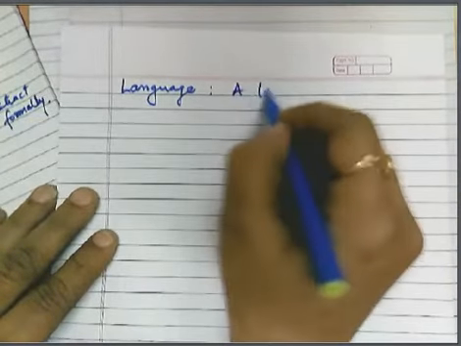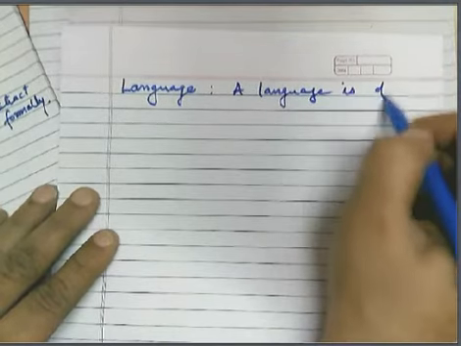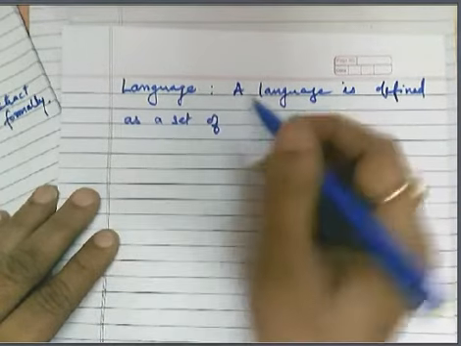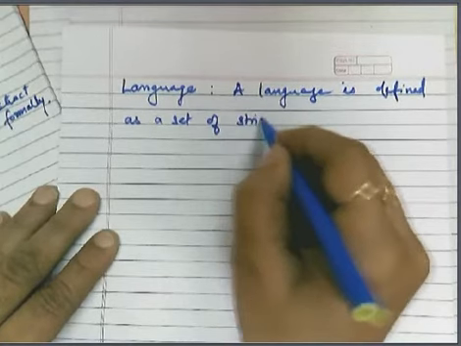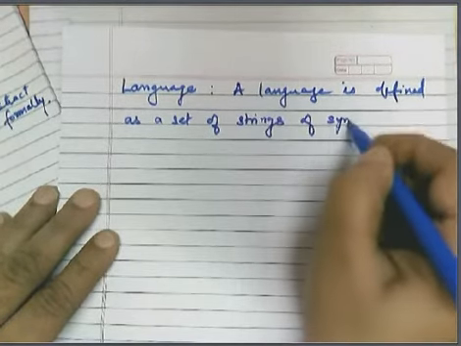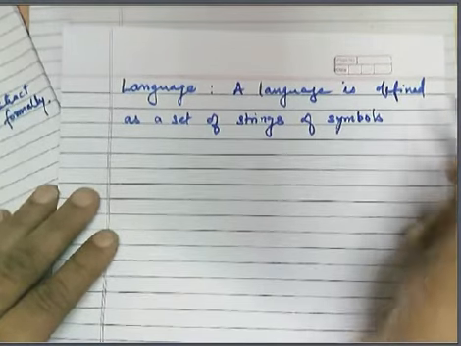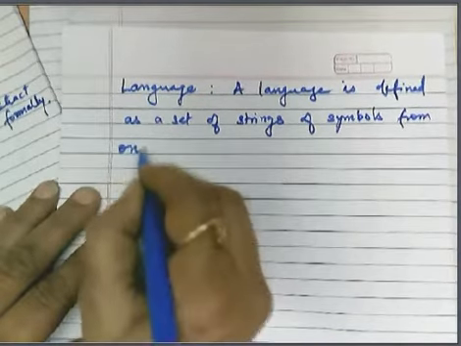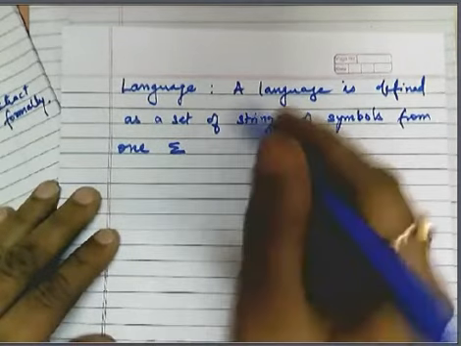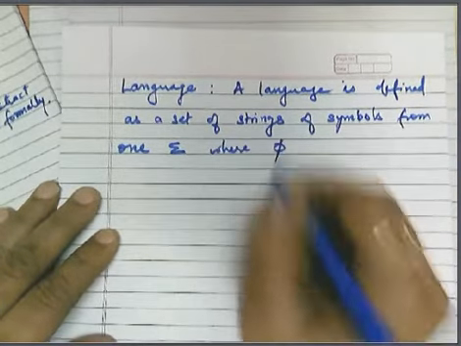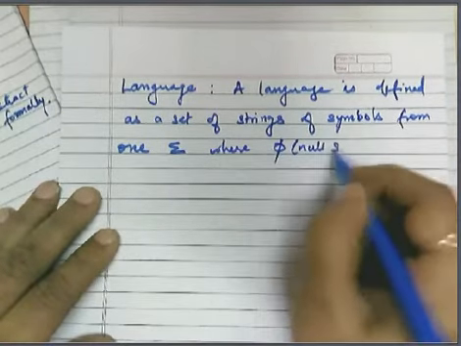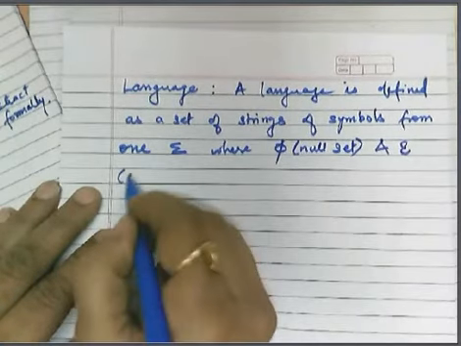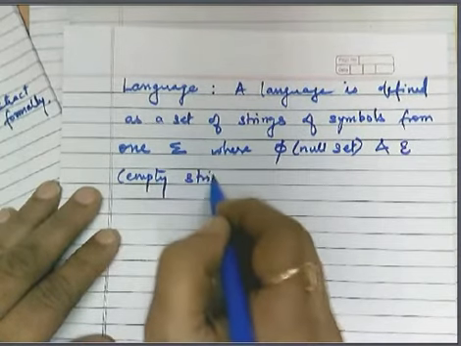So a language is defined as a set of strings of symbols, okay, strings of symbols from one alphabet, okay, where the null set, okay, and the empty string are also languages.